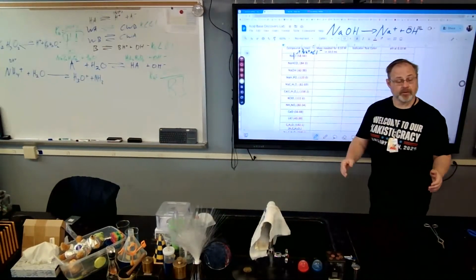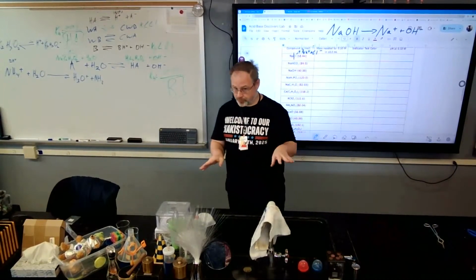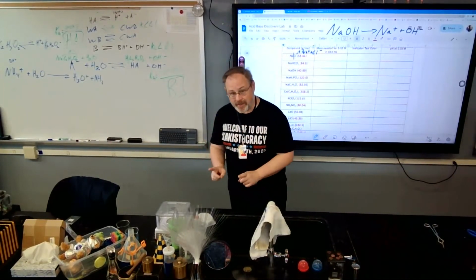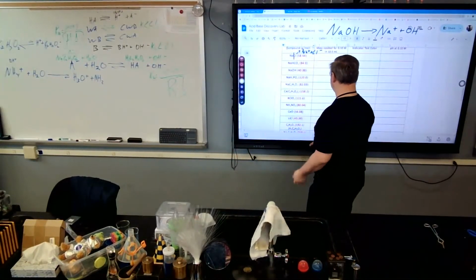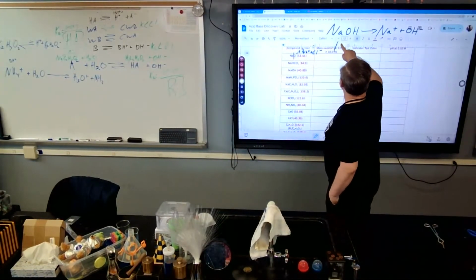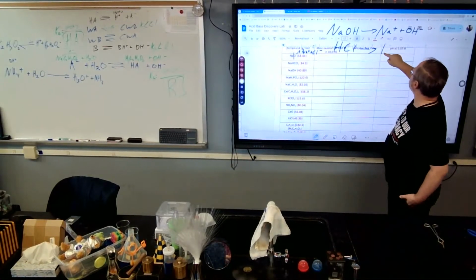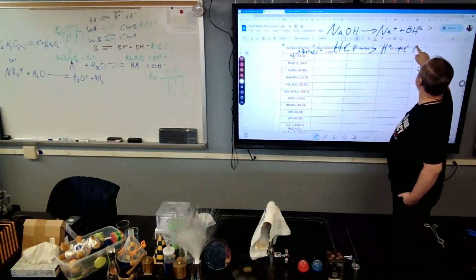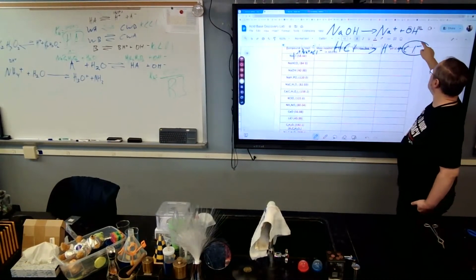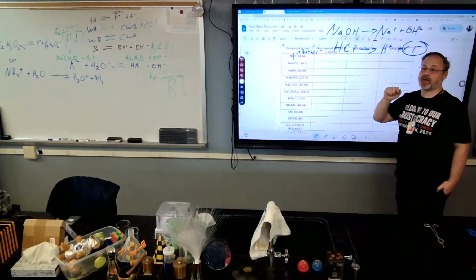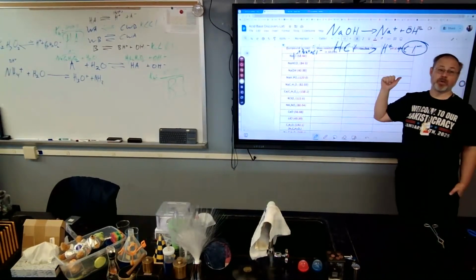Anyway, does that make sense? So the sodium is the conjugate of a strong base, so it's neutral. The chlorine is the conjugate of a strong acid, so it's neutral. So if you have HCl, our happy strong acid, it forms H plus Cl minus. So the chlorine is a conjugate of a strong acid. Again, one-way road. Can't go back. It's not equilibrium.